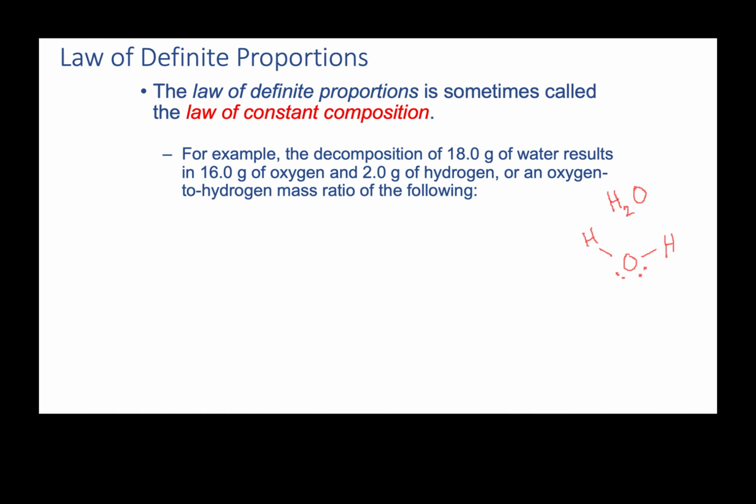If we were to split that up into the individual hydrogen and oxygen atoms, then we would end up with 16 grams of oxygen and 2 grams of hydrogen for that total 18 grams of water. And then, if we were to look at the ratio of oxygen to hydrogen, it would always be an 8-to-1 mass ratio.